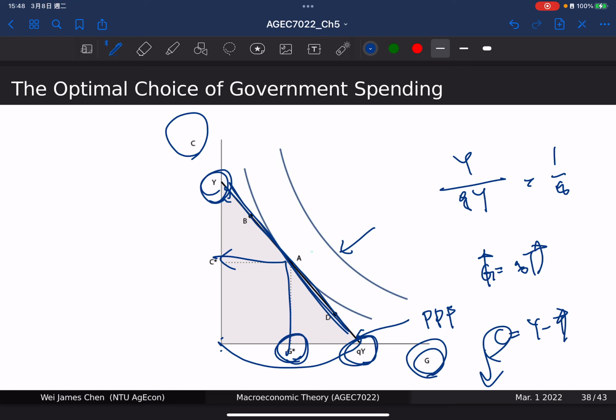But in the real world, even if the model is as simple as this one, the government might not know your indifference curve. Even if we can really produce something called a representative consumer, the government might not know, right? And in that case, the government might have an incentive to increase government spending, and that will cut the consumption.